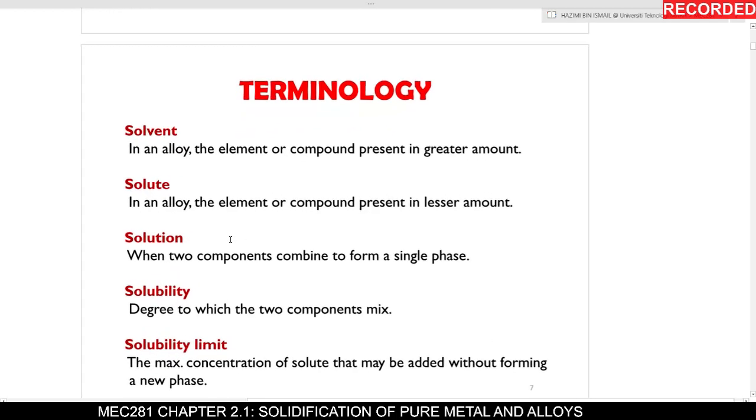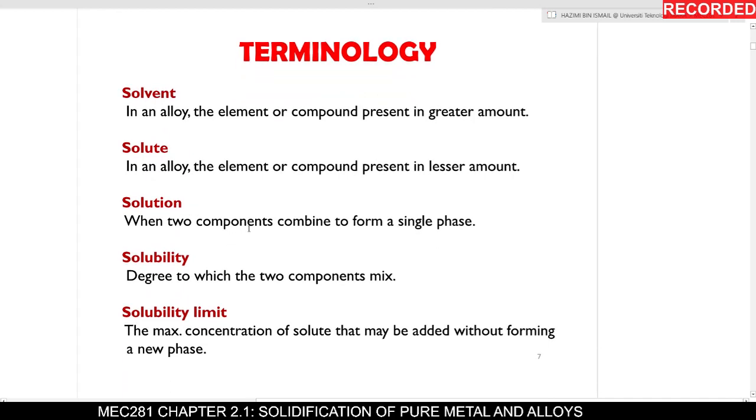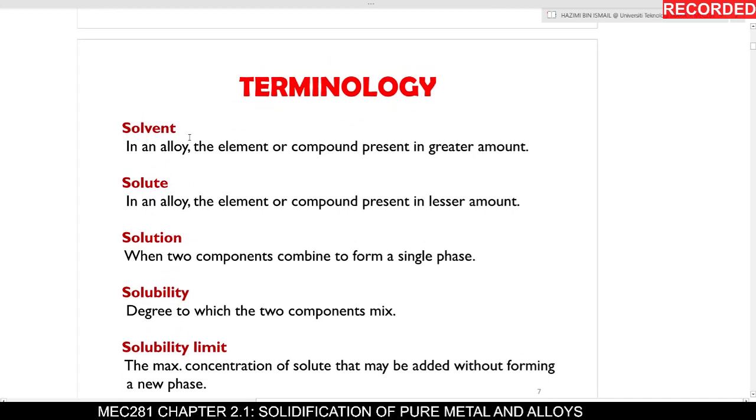are found in this chapter. Okay, so let's start with the solvent. Solvent in an alloy is the element or compound present in greater amount. So solvent is in greater amount, solute is in lesser amount. So if you have solutions, solution is when two components combine to form a single phase.